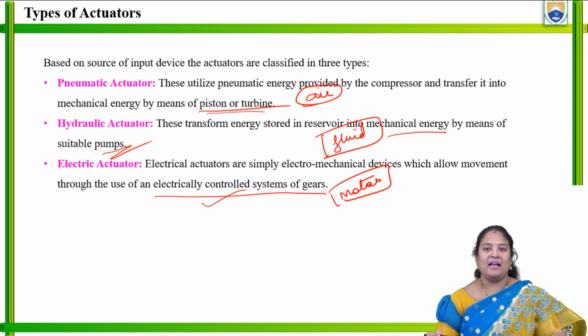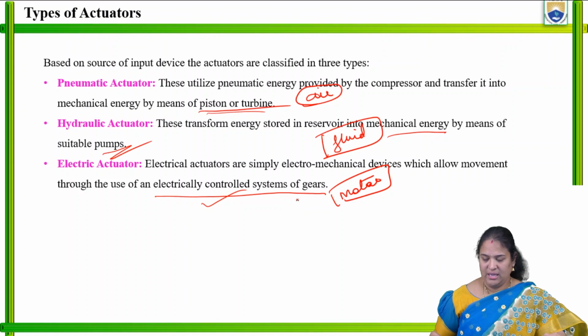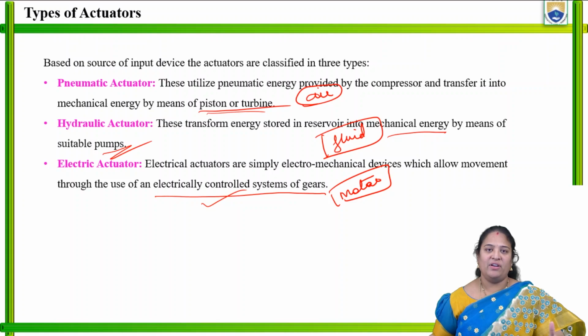In the electrical actuator, the electromechanical device is allowing the movement through the electrically controlled system of the gear. Clear? So these are the three types of actuators which we are having, that is pneumatic actuator, hydraulic and electric. All these three actuators will be working on their own principle, right?